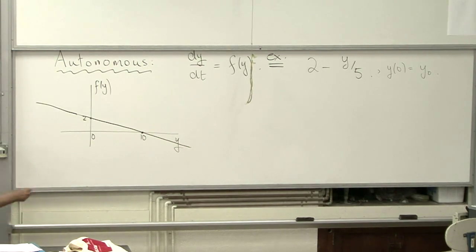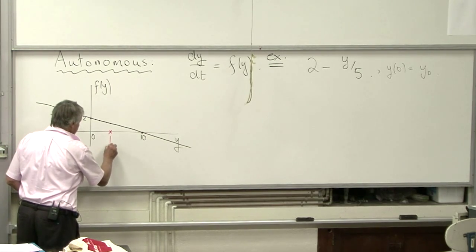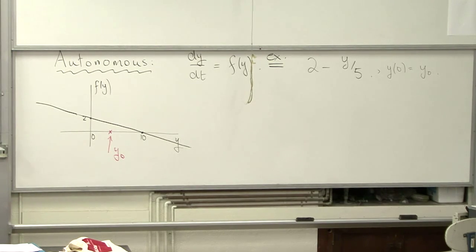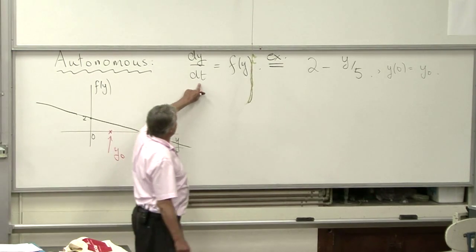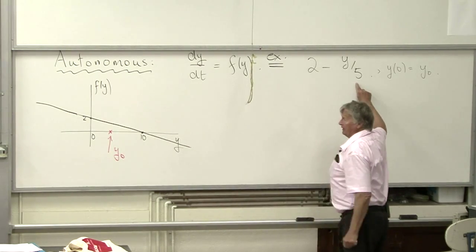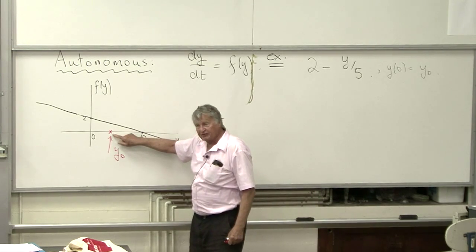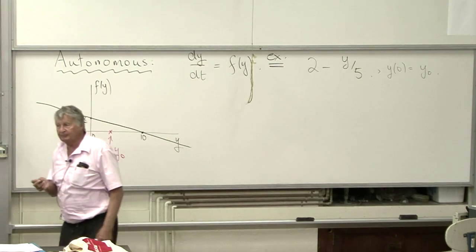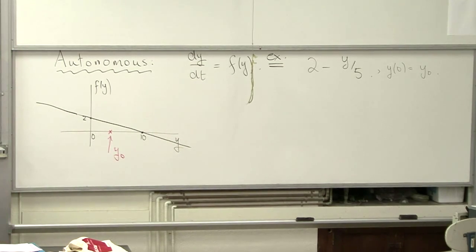Supposing y of 0 is here. I look at dy by dt, it's given by this f of y, which is this. If I take the starting point to be here, what is the sign of 2 minus y over 5 at that point?